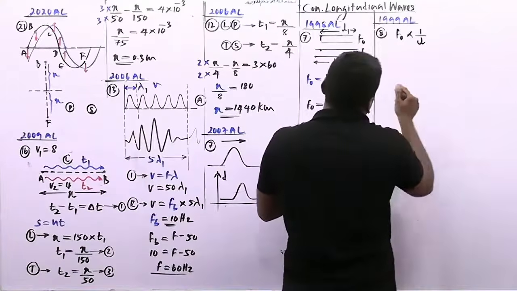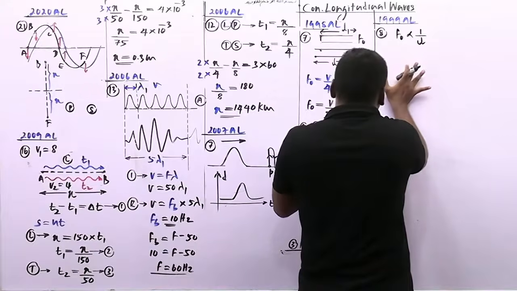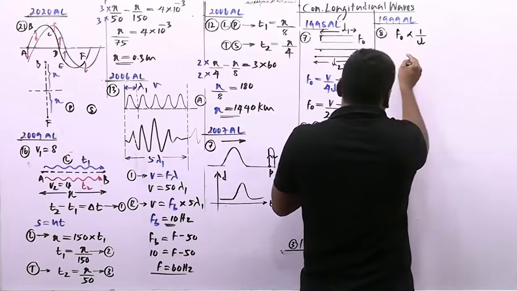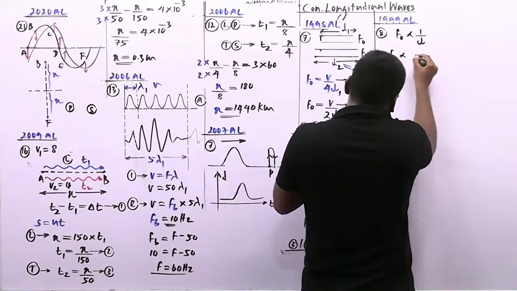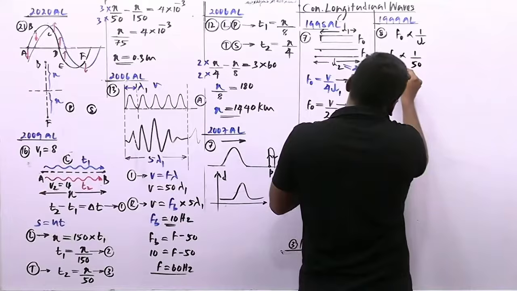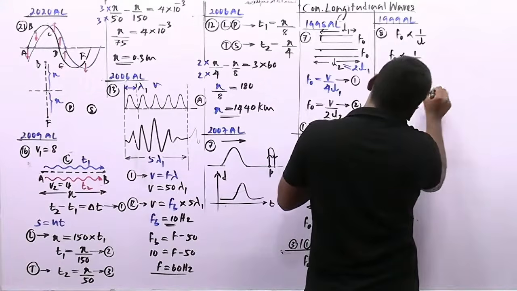Let's say one tube has a length of 50 centimeter and the other 50.5 centimeter. The fundamental frequency of the first tube is F naught, proportional to 1 over 50 centimeter. Then F naught dash is proportional to 1 over 50.5 centimeter.